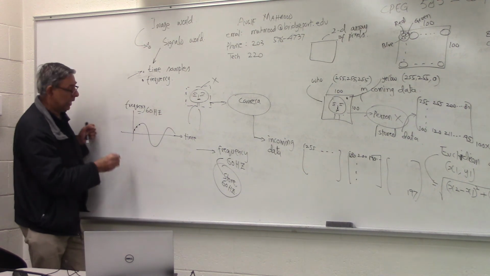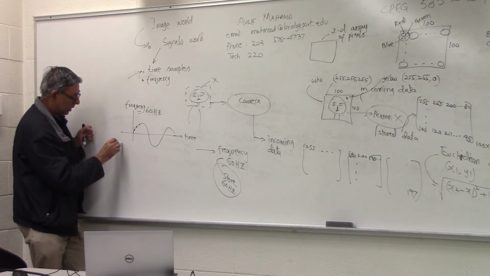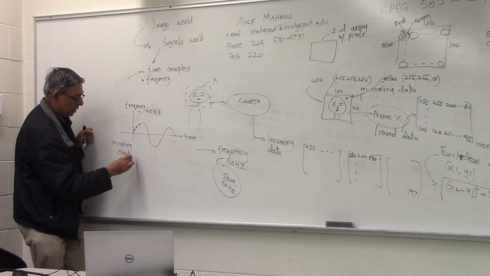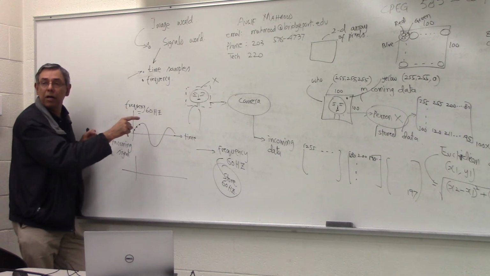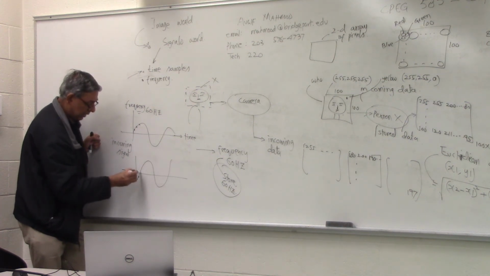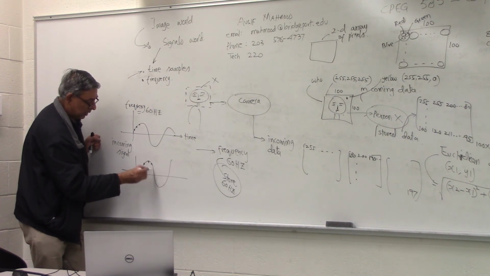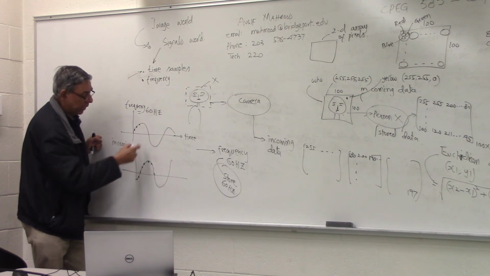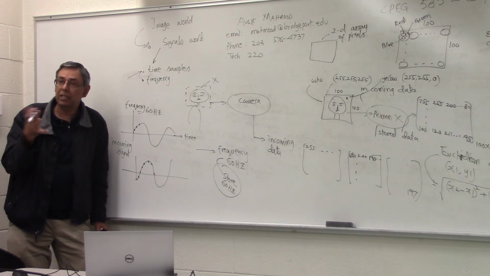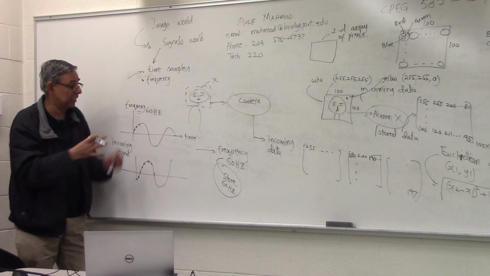Now let's pretend the incoming signal is a little bit off, just like the previous example, but it's the exact same frequency. See, the time shift does not produce a different frequency.